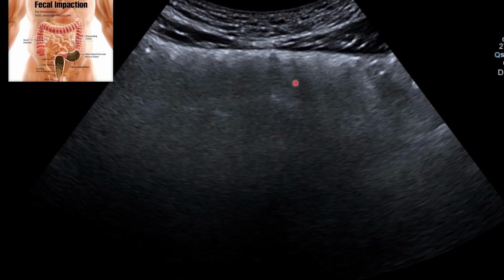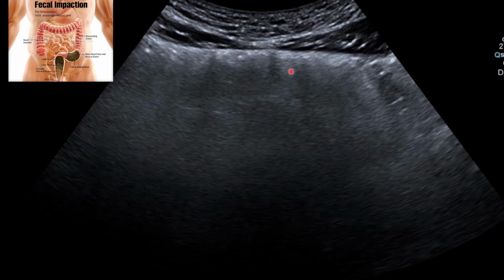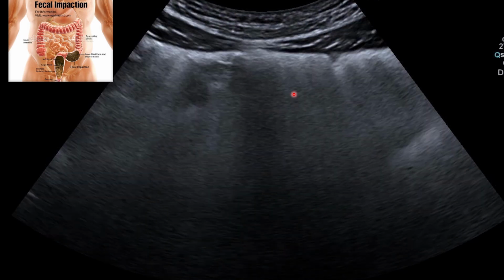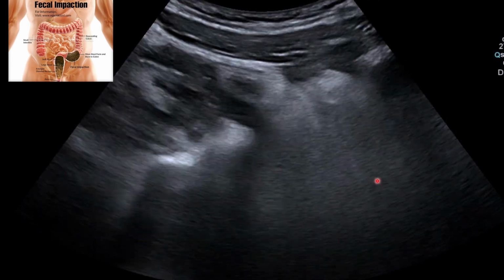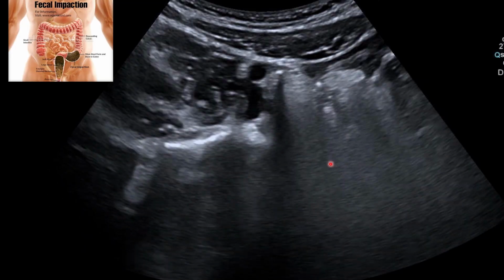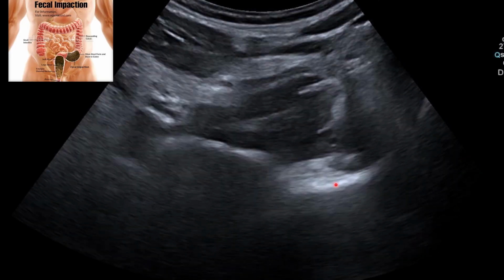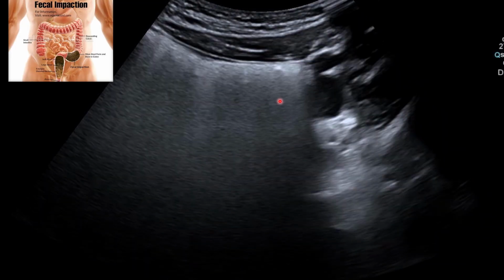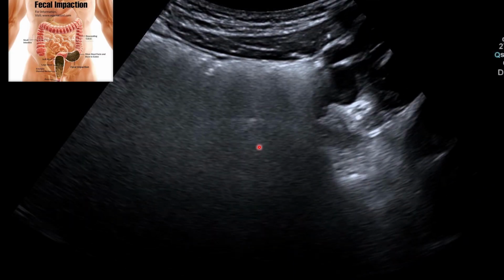If you see these bowels which are distended like that, you can obviously think that maybe it's bowel obstruction. But bowel obstruction is not the same as fecal loading.